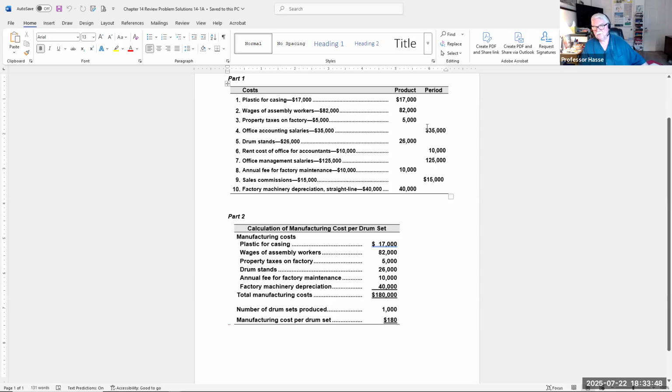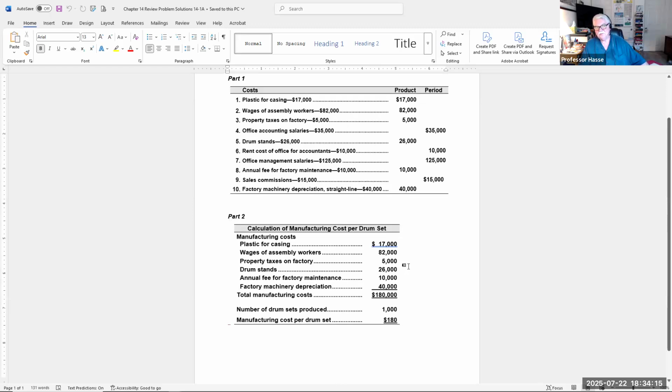No, what you're doing there, Jason, is let's say the drum stands cost $26,000, but they originally cost them $28,000 when they placed the order with the vendor. So when they paid for the drum stands, which was owed $28,000, if they paid within a discount period, maybe they got a $2,000 discount from the vendor.